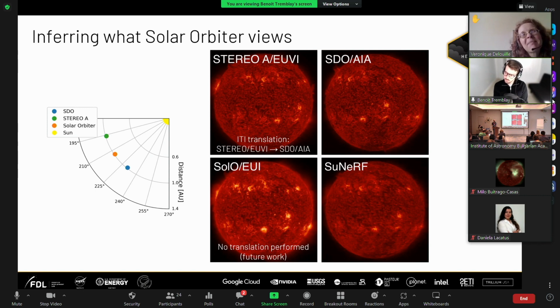I2I. Right. One advantage that we have with this method is that it doesn't require an overlap, so we don't need specifically an aligned data set. It uses unpaired image-to-image translation, so we can just translate between the individual instruments without having actual overlap. Well, some overlap is good, just for verification.